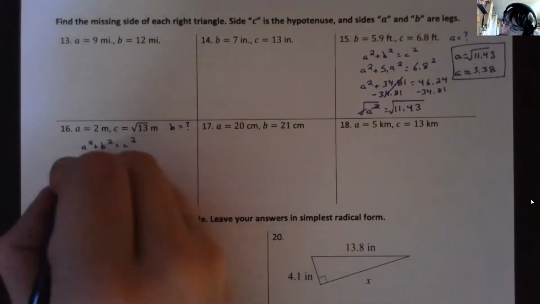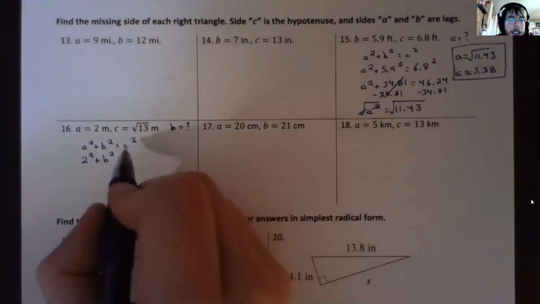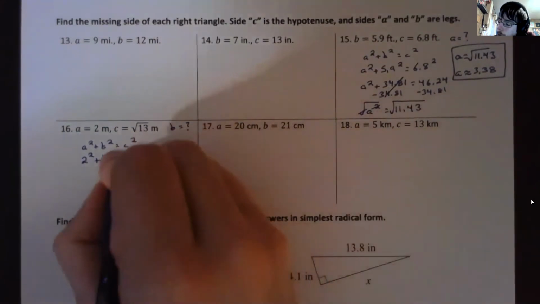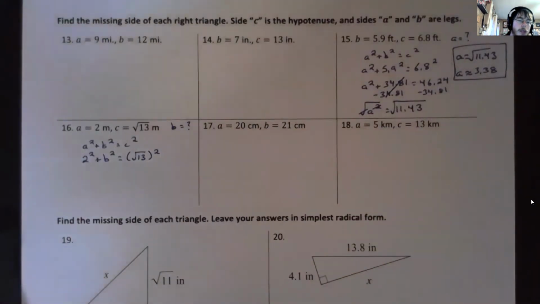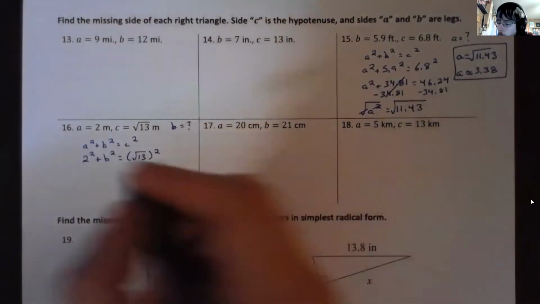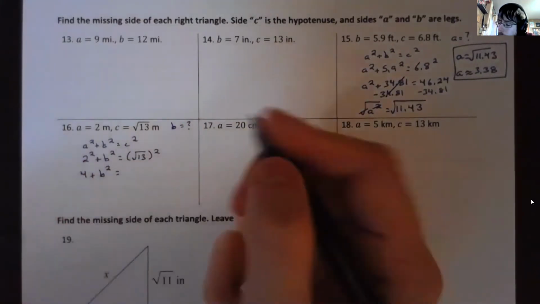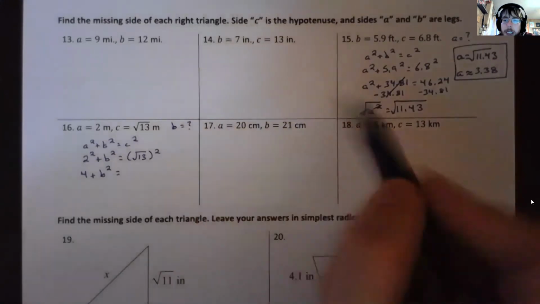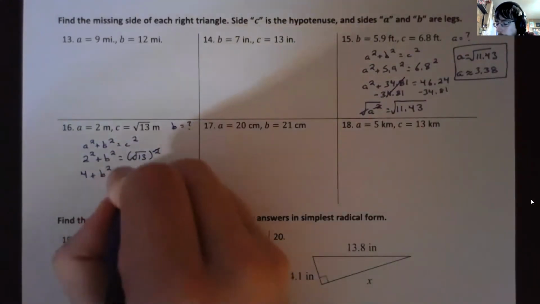A is 2 squared plus, we don't know what B is, equals C, which is the square root of 13, so we put parentheses, root 13, squared. 2 squared is 4. B squared just drops down because we can't do anything with it. And remember, a square is the opposite of a square root, so all this is going to do is cancel out and leave 13 behind.